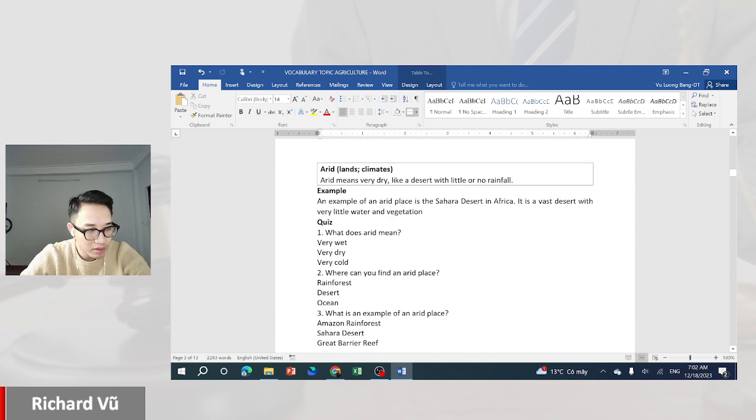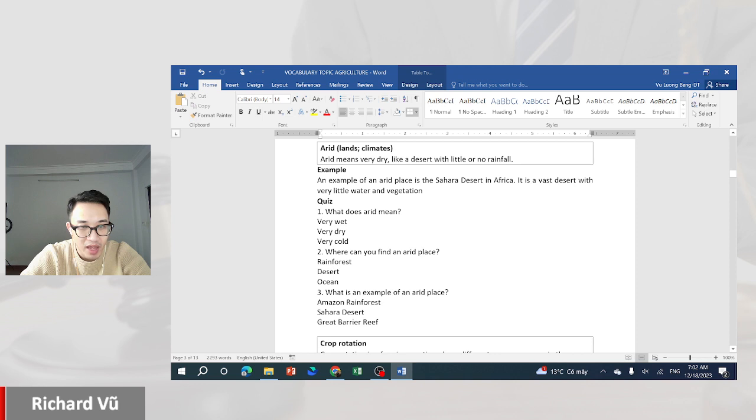Next word on our list, arid land. Arid means very dry, like a desert with little or no rainfall. So keep in mind, arid means very dry.